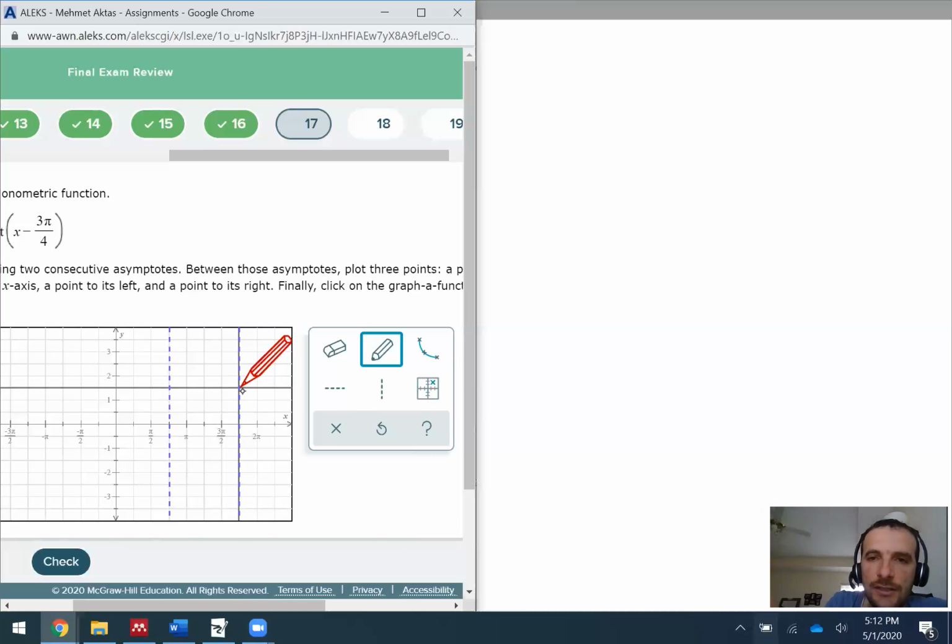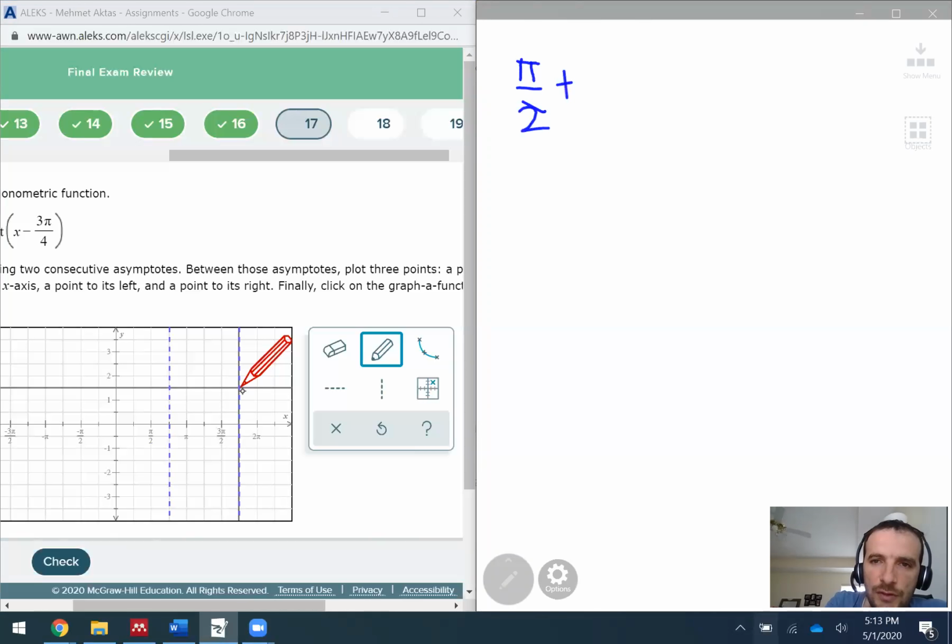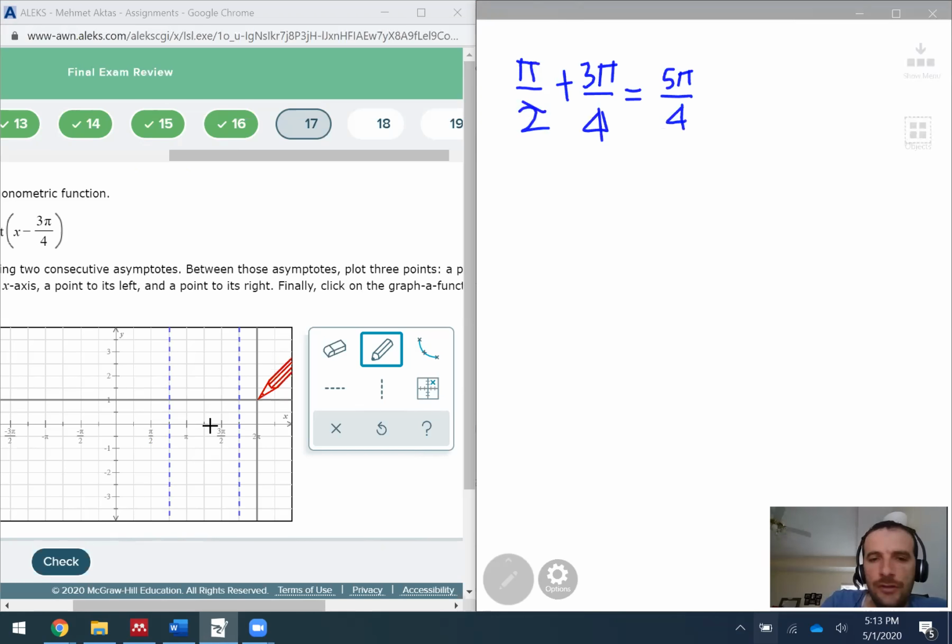So pi over 2 plus 3 pi over 4. So we have an x-intercept here, which makes 5 pi over 4. That's why we have an x-intercept at 5 pi over 4, which is here.